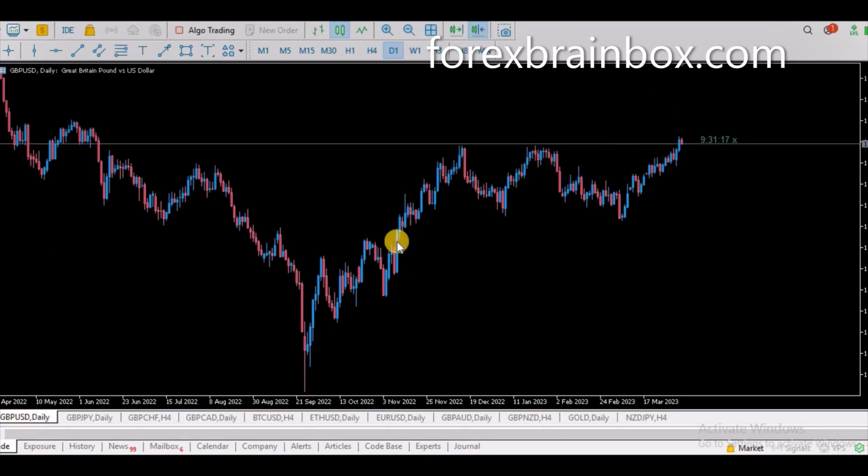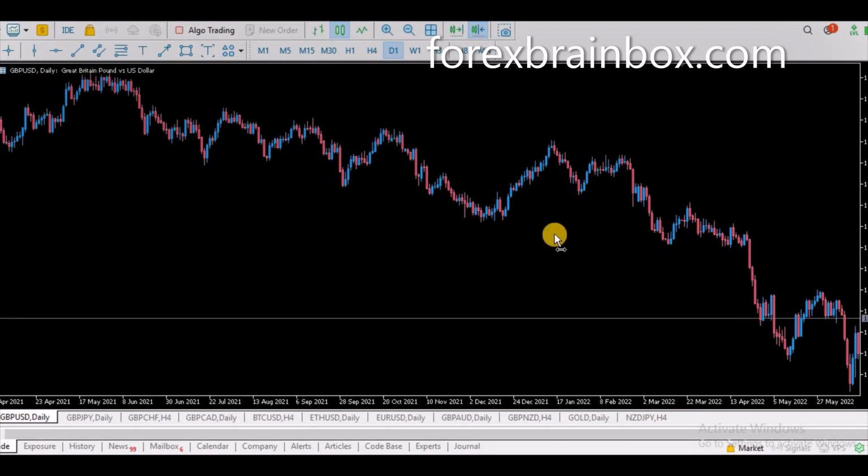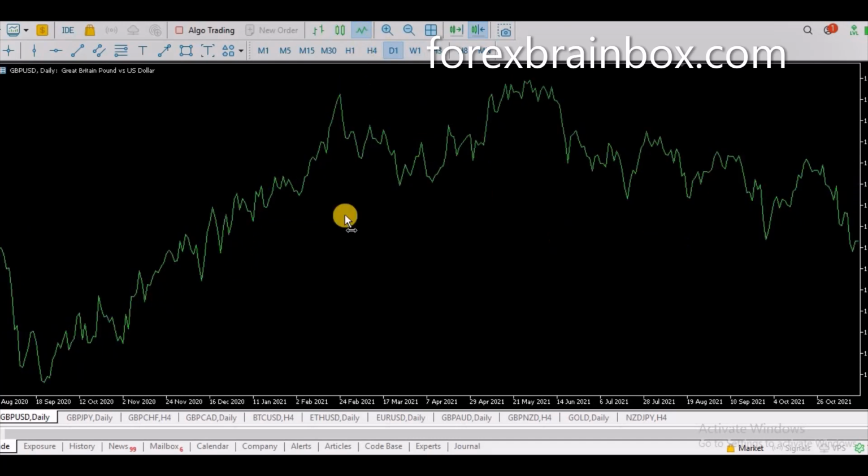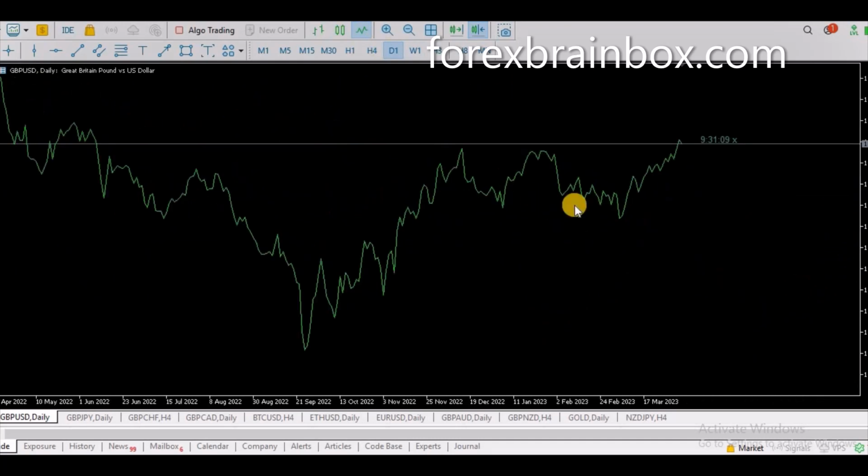I'll start with my GBP USD and I'll look for a trend. Okay, I just crossed one. So we got this 100% trend. So the idea is you want to find a market that is trending, and when you locate that, you want your lower low, or the two lowest lows in the market.